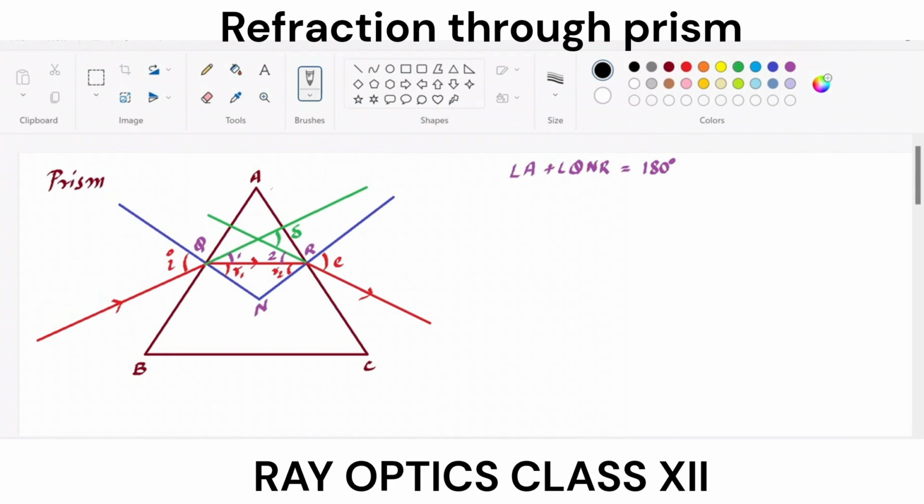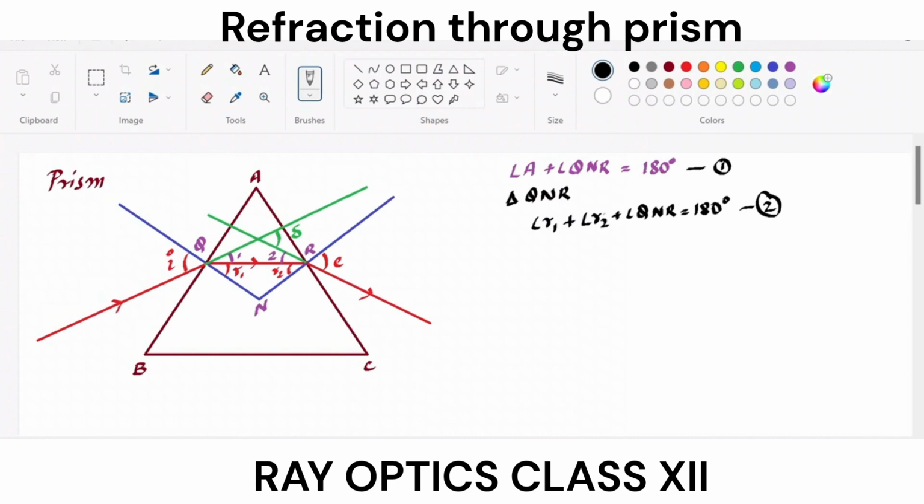Now, if we look at the triangle Q and R, in this triangle Q and R, angle R1 plus angle R2 plus angle Q and R is equals to 180 degree. Now, if I compare equation 1 and equation 2, right hand side both has 180 degree and Q and R is common.